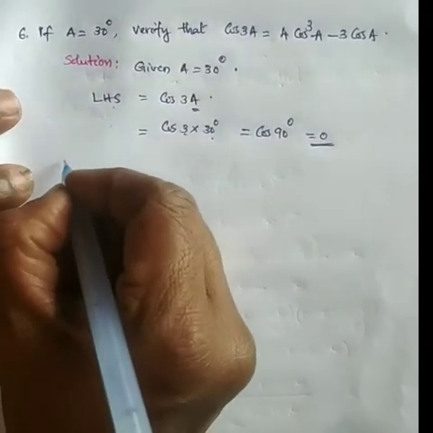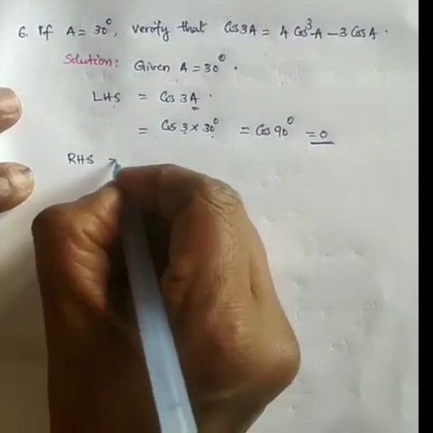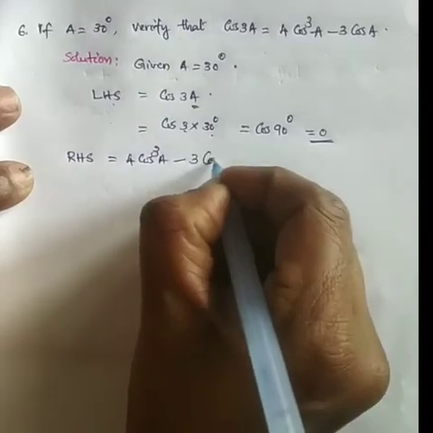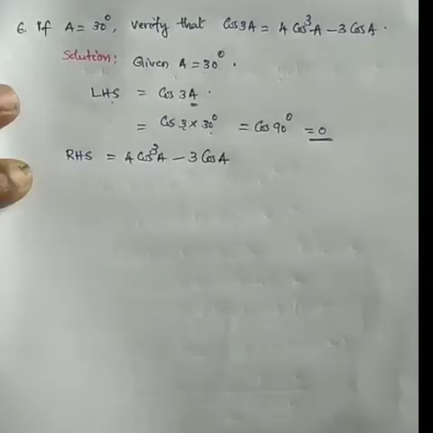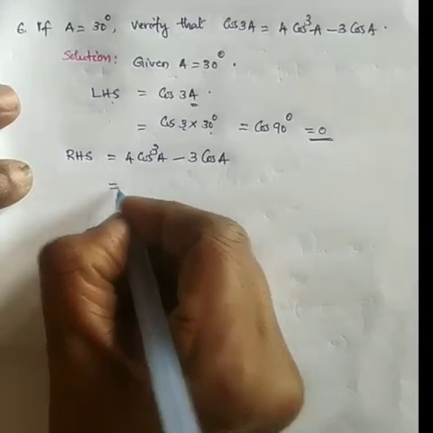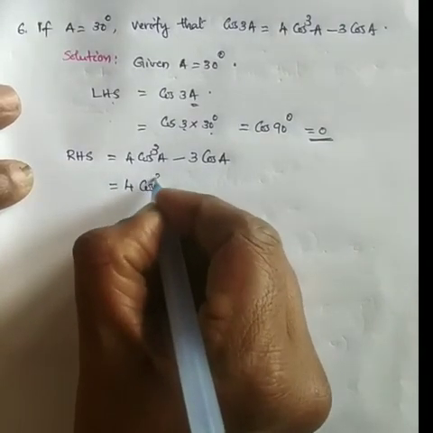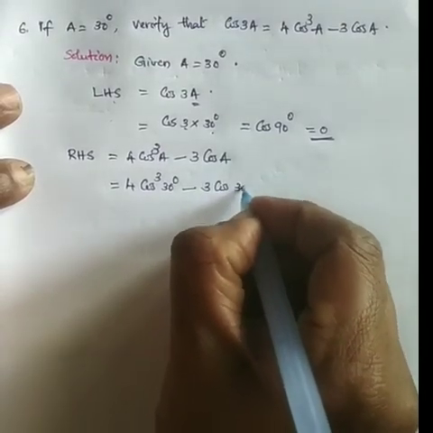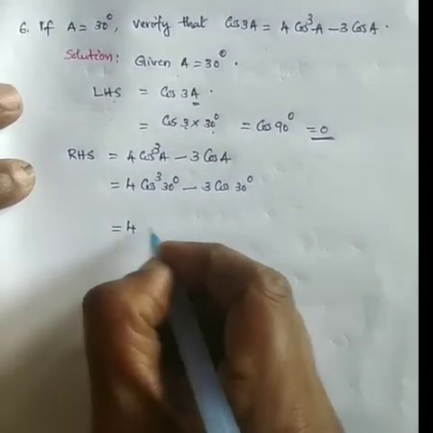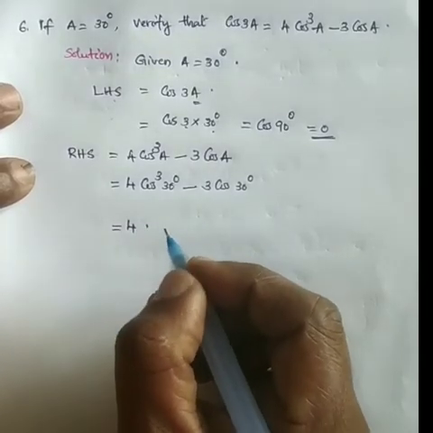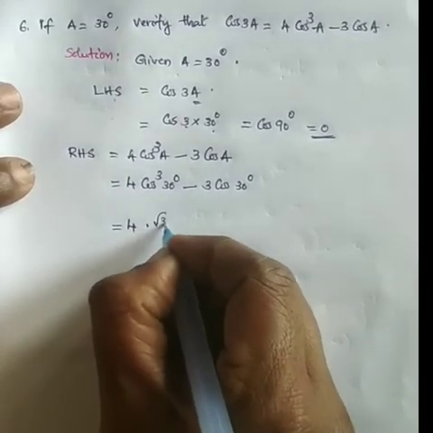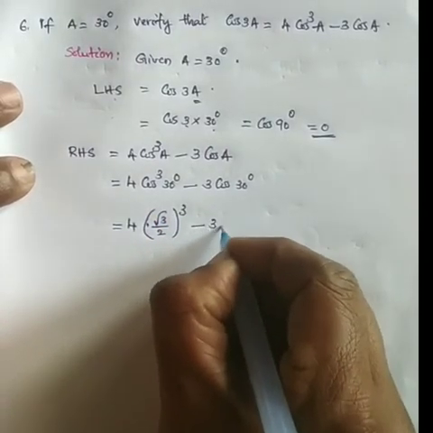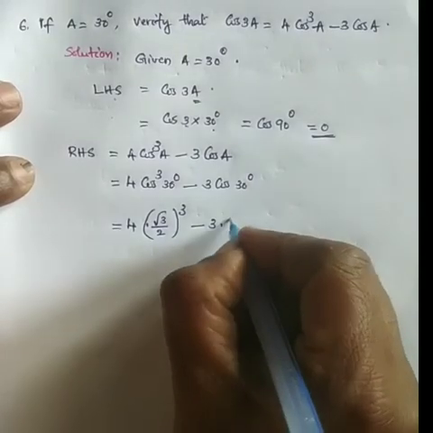Now consider the RHS. RHS equal to 4 cos cube a minus 3 cos a. That is equal to 4 cos cube 30 degree minus 3 cos 30 degree. We know that cos 30 is root 3 by 2. So it is 4 into root 3 by 2 whole cube, minus 3 into root 3 by 2.